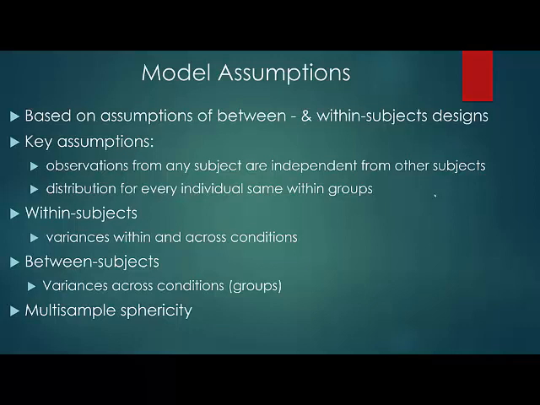In this example, we have 3 groups, the administrators, teachers, and coaches. We assume that their scores are going to have the same level of variance across each of the conditions of the 4 professional developments. And again, these assumptions are things that we can inspect by looking at the standard deviation or variance of the scores in the descriptive statistics.